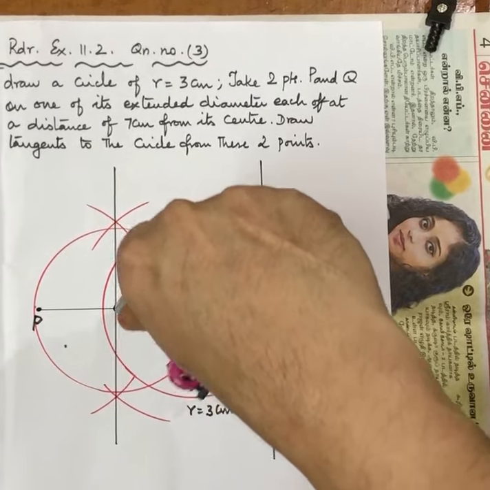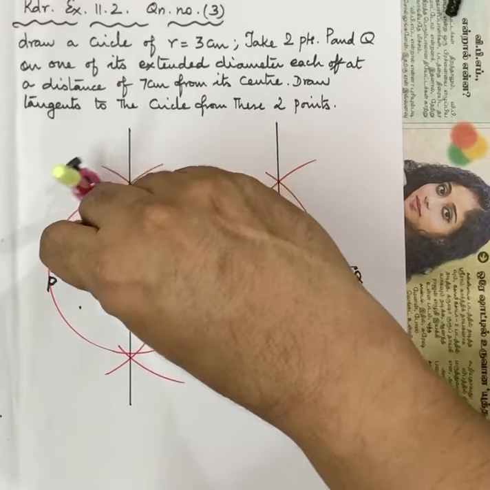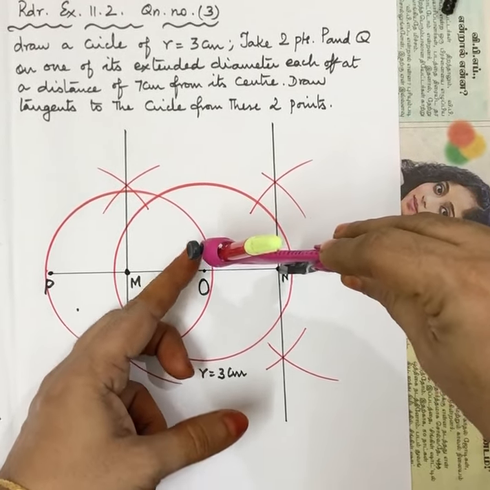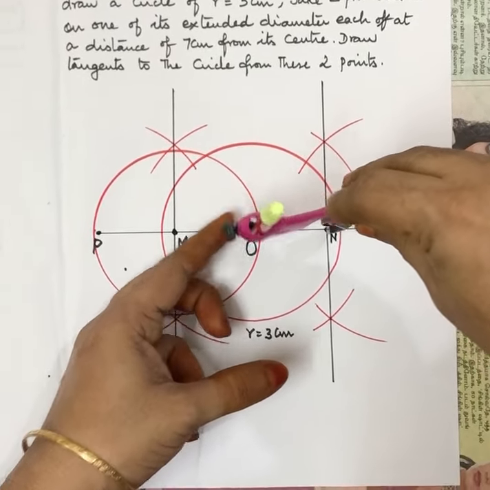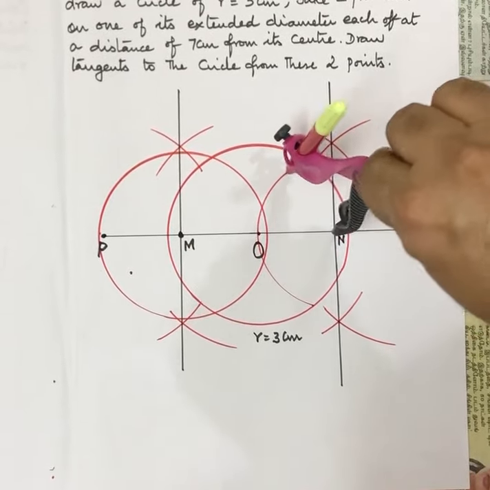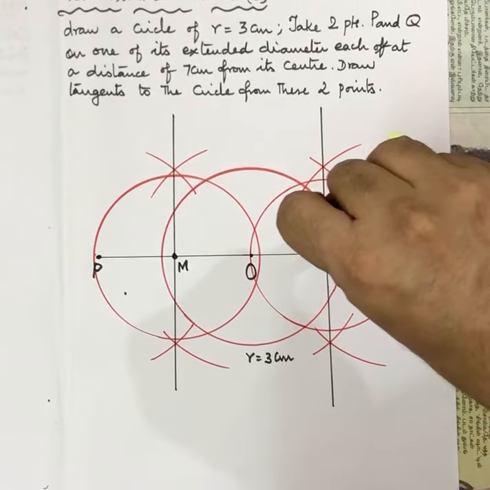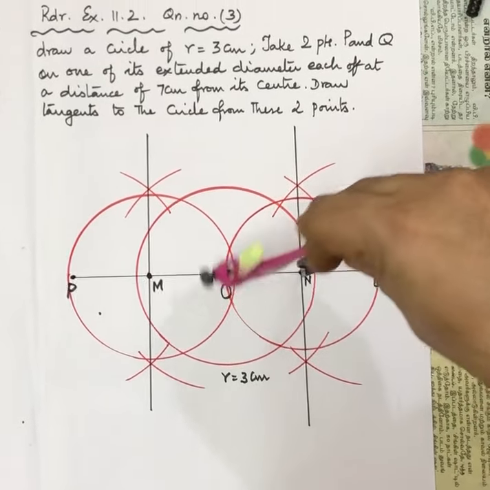Let the circle pass through O and P. Same way keep the needle at N, draw a circle. This circle is passing through O and Q.